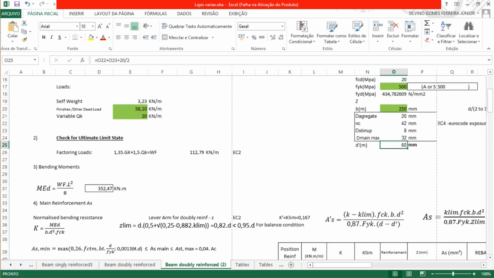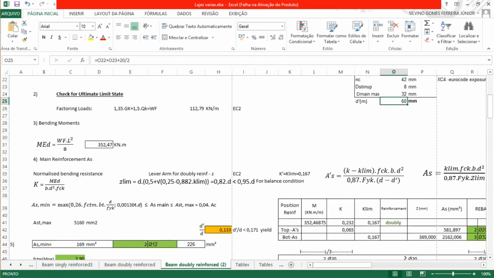This K less this K limit is basically like a percentage of the steel for the top. It gives us 0.065 to use on the top.